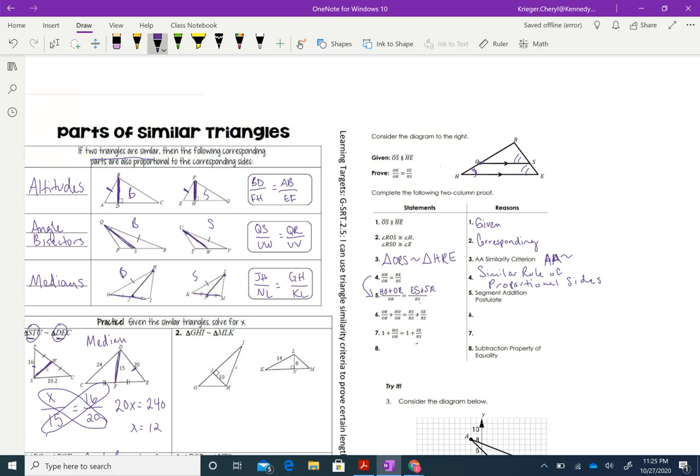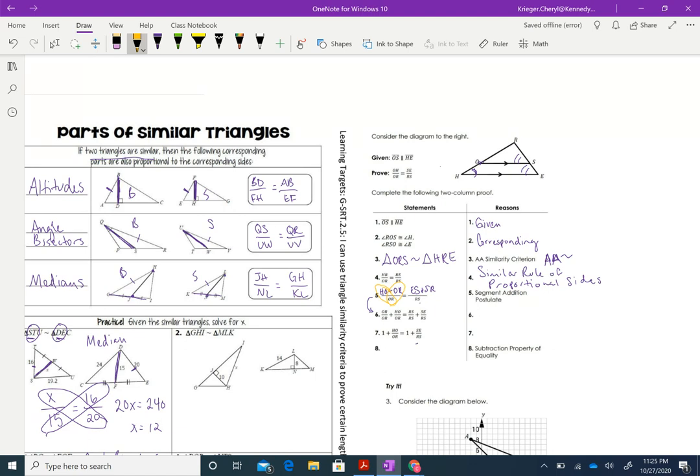Now, moving from 5 to 6. It looks like they break this up so that HO over OR plus OR over OR. So they're really just simplifying the fraction, right?